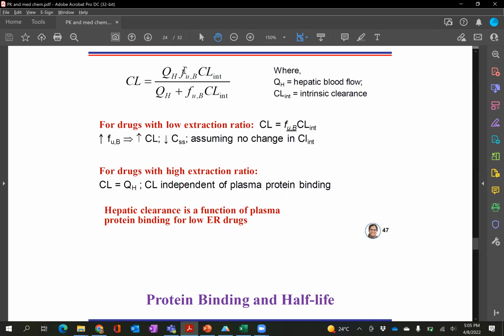So then if you do the math, these two cancel out, CL equals QH, right? That's why for a high clearance drug, CL equals QH. For a low clearance drug, this one is small and then the QH cancels out. So that's why CL equals FUB times intrinsic clearance. That's how they calculate this. Okay.